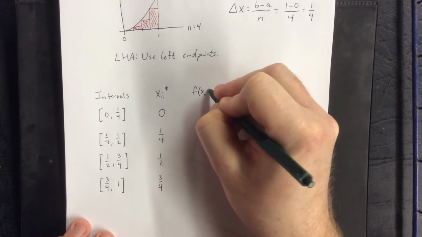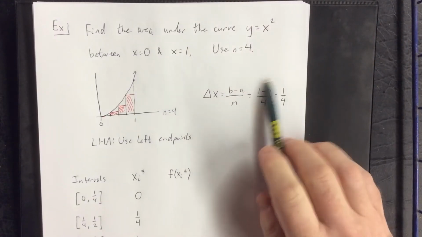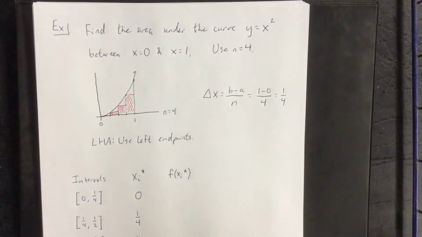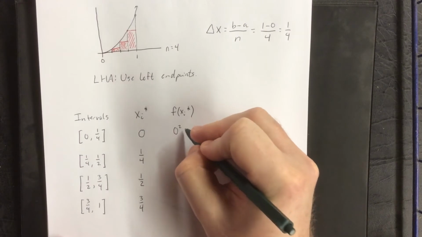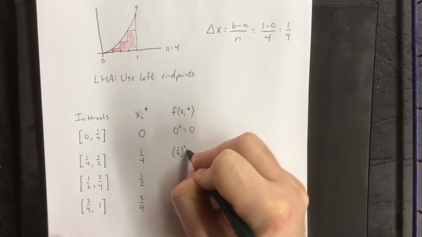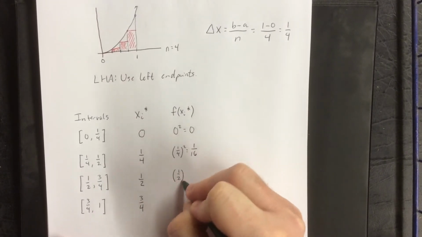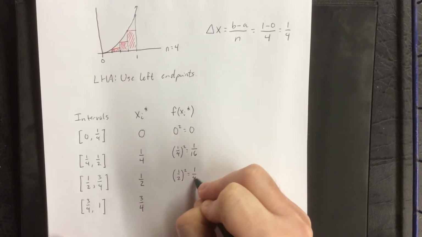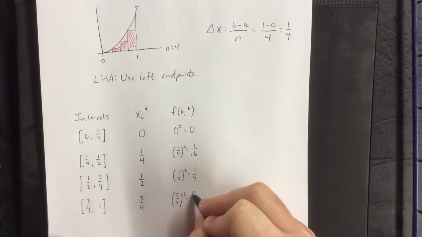Then I'm going to take each of these values and plug it into the given function, which in this case was y equals x squared. So we'll see 0 squared, which is 0. 1/4 squared, which is 1/16. 1/2 squared, which is 1/4. And 3/4 squared, which is 9/16.